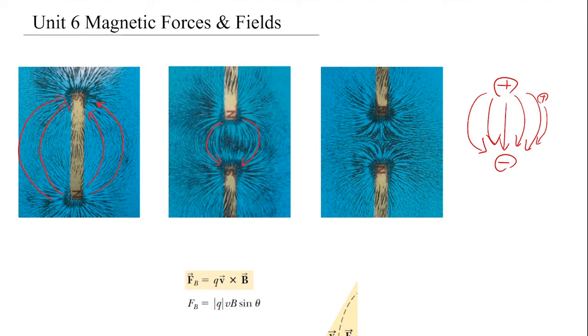So imagine introducing a little compass, north, south. Then this will be attracted to the south. This is a little north and little south. And then this will be attracted to the north pole.